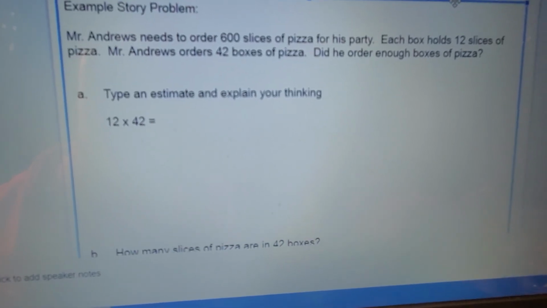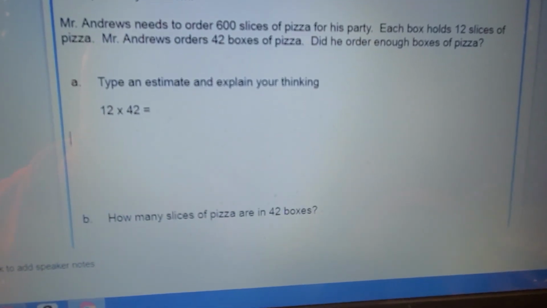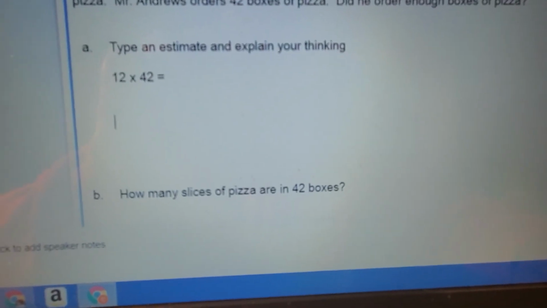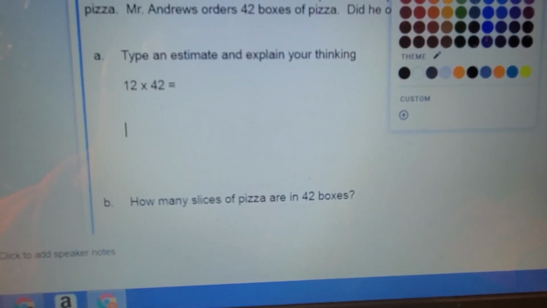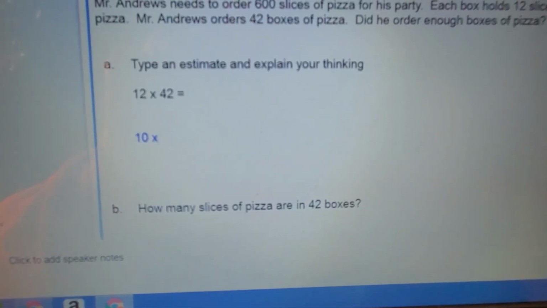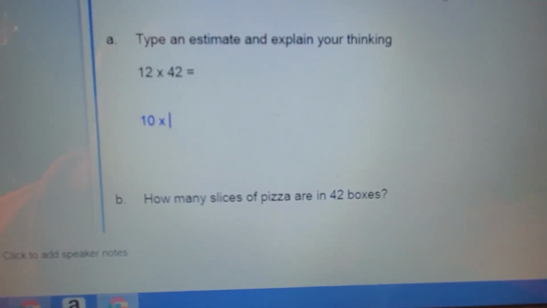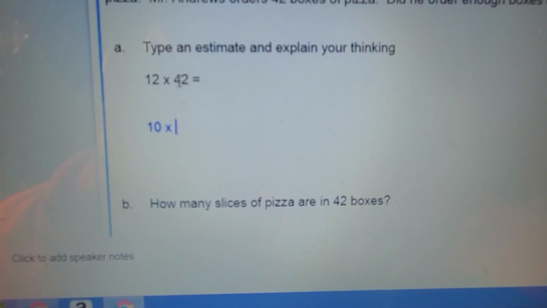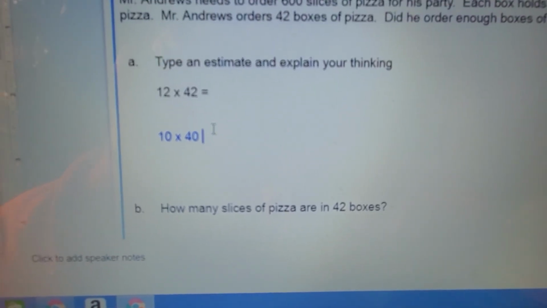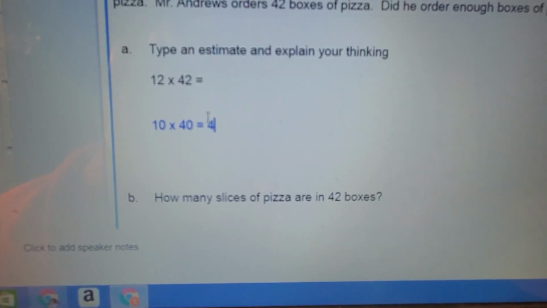Well, if I round to the nearest 10, what do I get? Well, my answer will be 10, because 12 rounds to 10. And when you round, remember, your numbers are going to end in 0. That's how you know when you've rounded to the nearest 10 or not. And 42 is closest to 40. So if I multiply 10 times 40, I get 400.